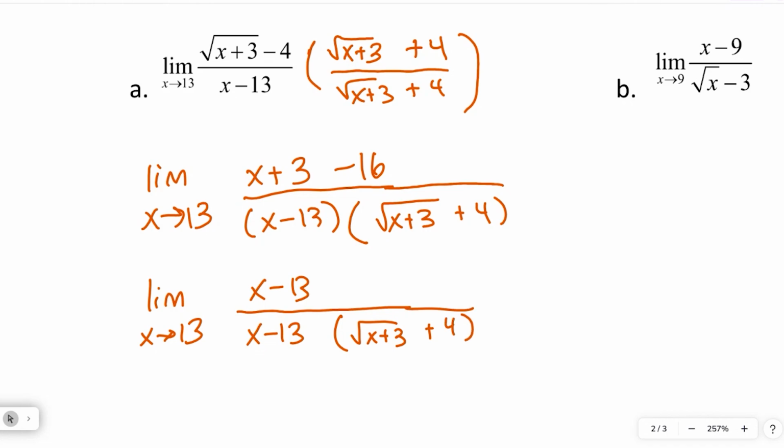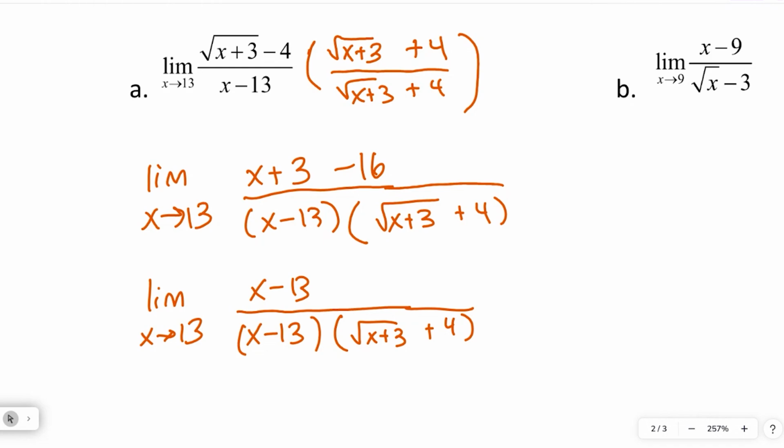Do you see? Or I guess I do need parentheses there. See what's going to happen here? Now we can reduce, well, it's going to be 1 on the numerator. Oh, you may be a step ahead of me already. Now we've got that x minus 13 as a factor on both the numerator and the denominator, so we can reduce that to 1.